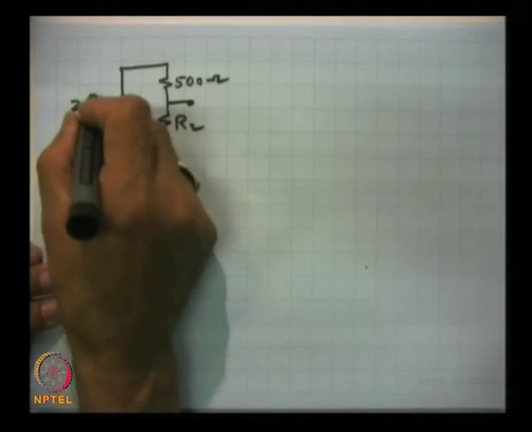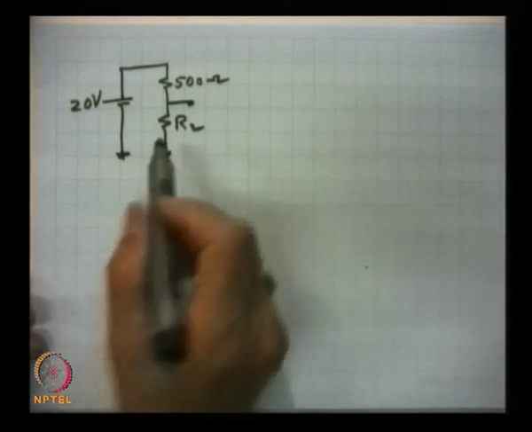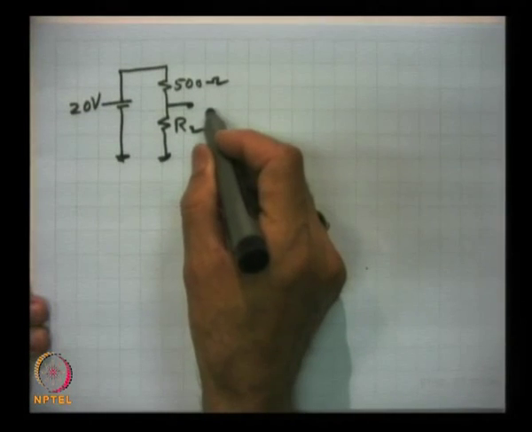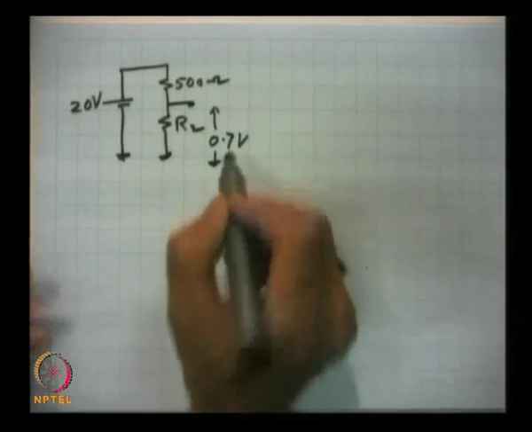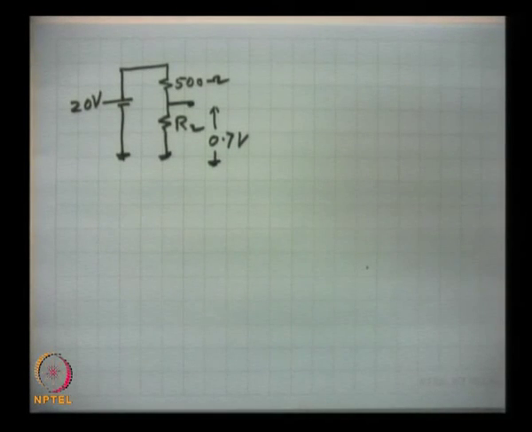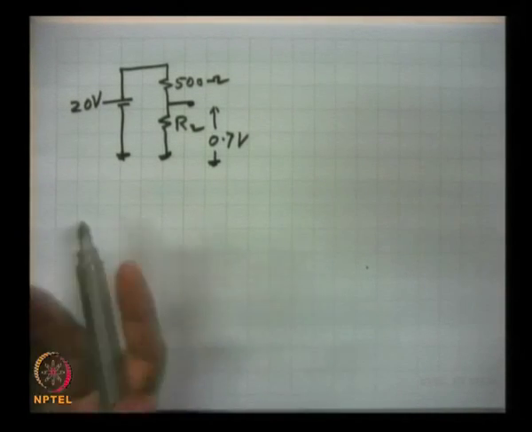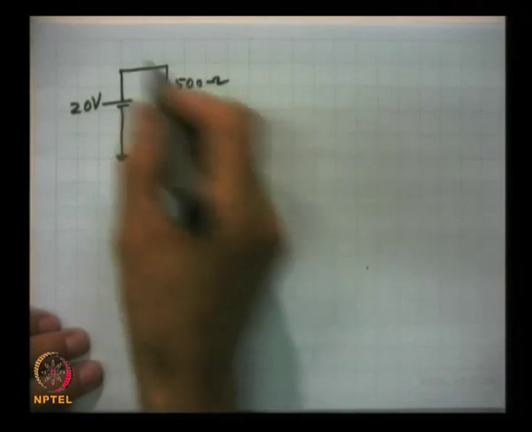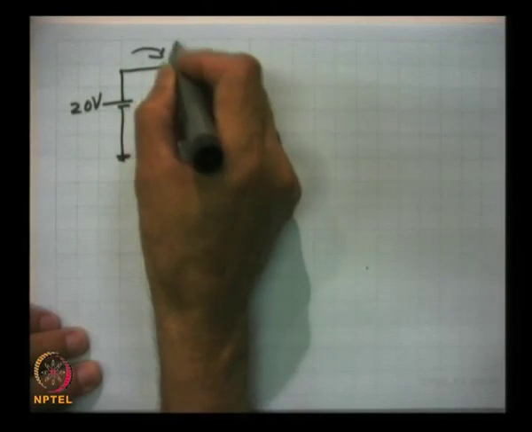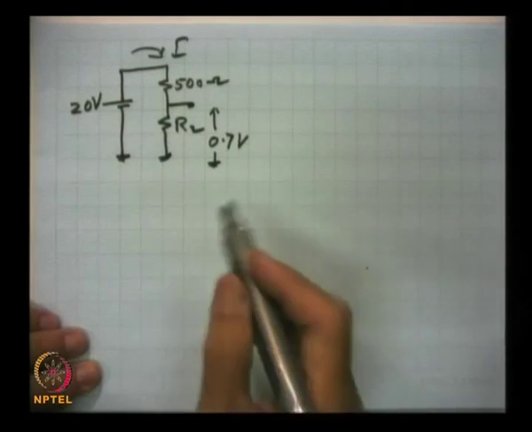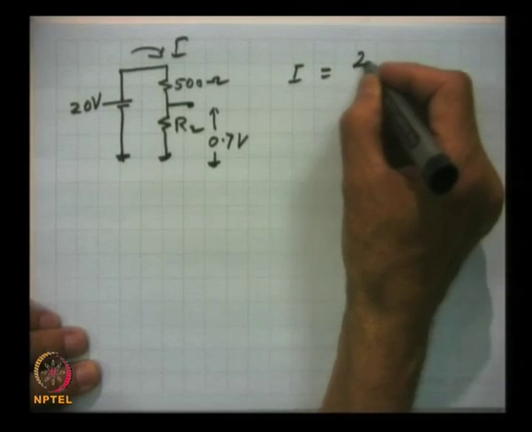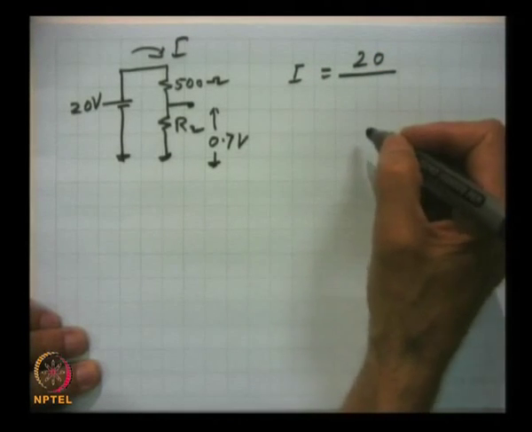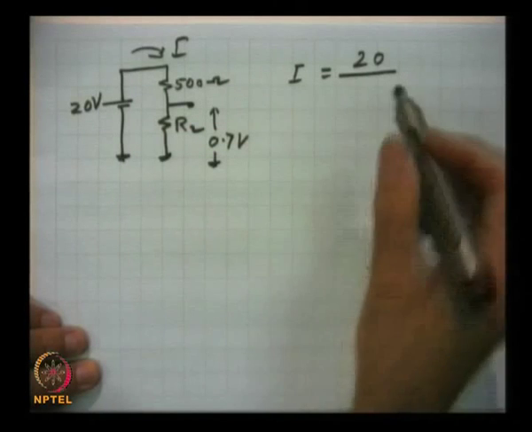How to find R2 such that it produces a voltage of 0.7 volts here? I am sure the problem is now clear. How to do that? What is the current I through this circuit? The current is by simple Ohm's law, and these two resistances are in series.